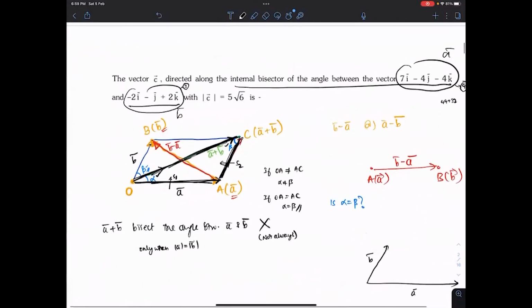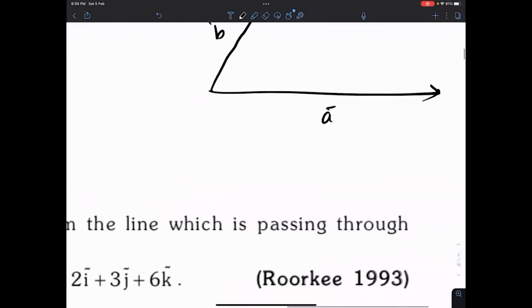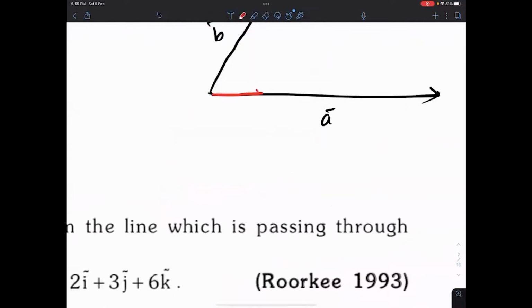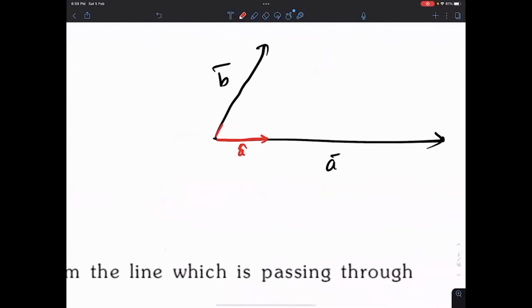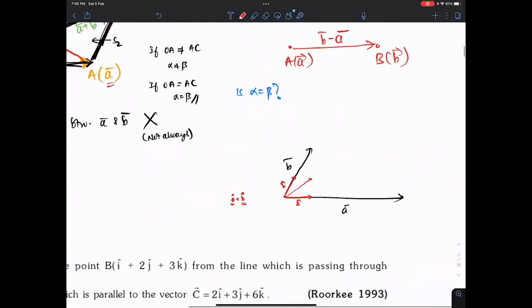Now, what I will do is, this is A bar. Na? I will write A bar by 9, the unit vector. It will be in the same direction, A cap. And unit vector B cap also I will write, in the direction of B bar. Now, if I add A cap plus B cap, these two are the same length. Na? So that resulting vector will now bisect, what we have learned here.